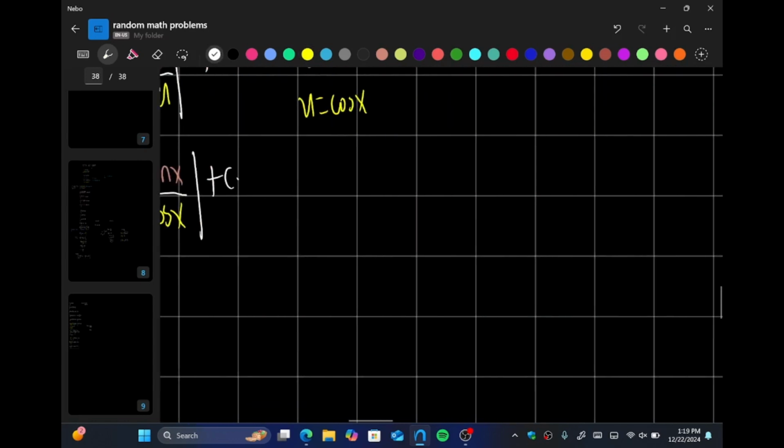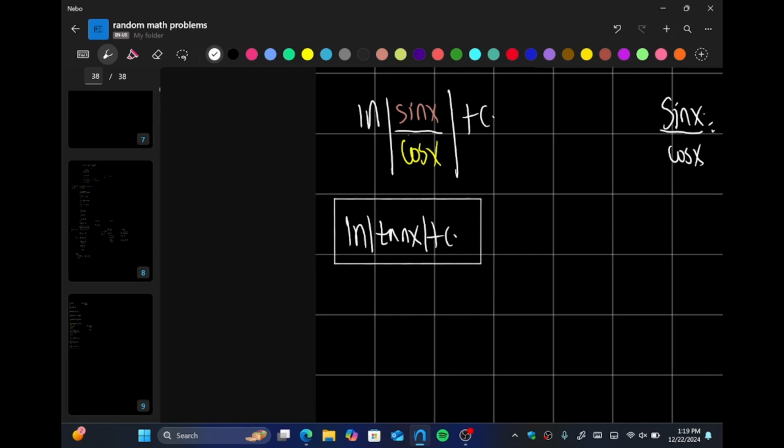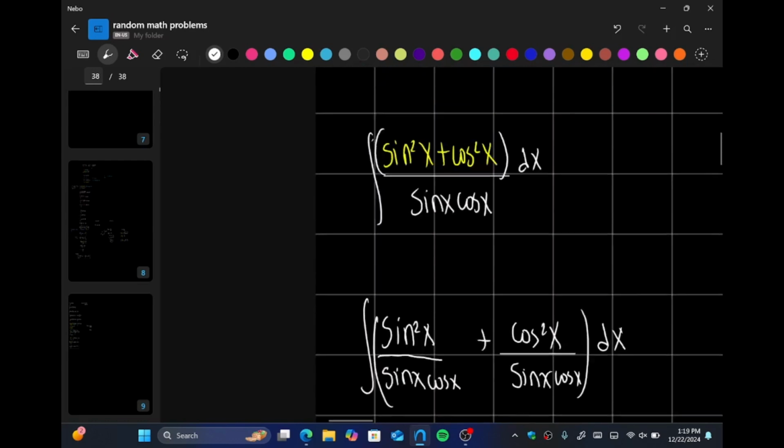Remember that sine x over cosine x is tan x. So this would be ln of absolute value of tan x plus constant of integration c. And that is the integral of cosecant x, secant x, guys.